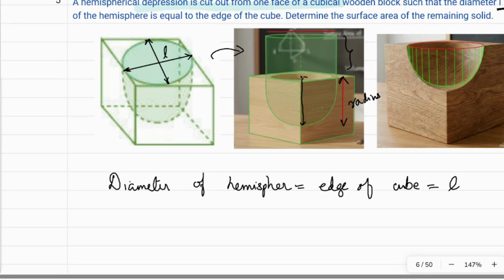Radius equals L by 2. So we will write, therefore R equals L by 2, right?